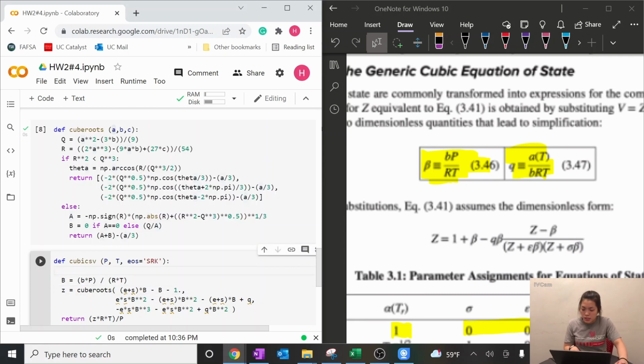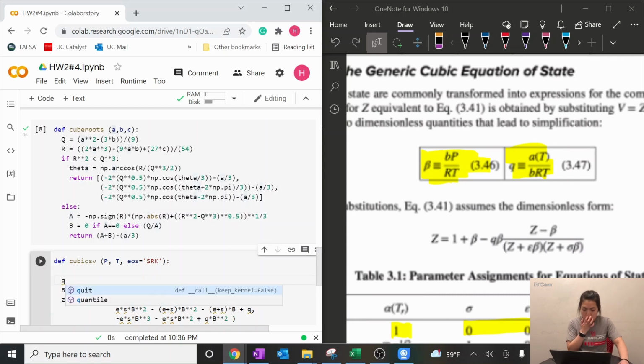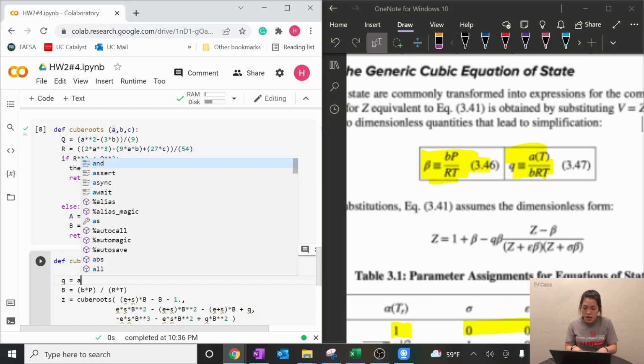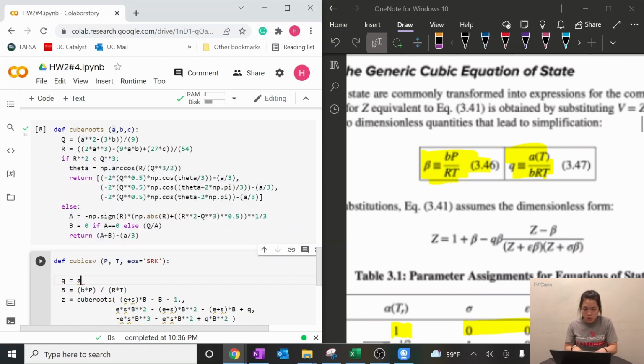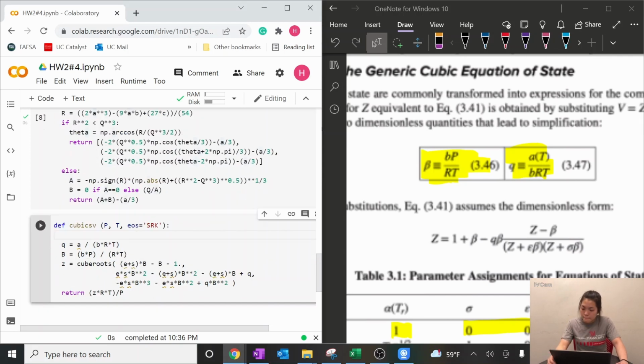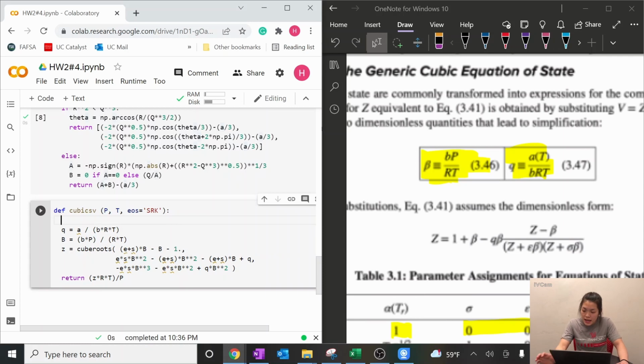Now we are going to move on and define Q. So Q over here we have is the constant A divided by the constant B times the gas constant R times temperature. So we're going to put that in. We're going to do A divided by B times the gas constant R times temperature. So now we have the constants A, B, E, and S, where E is for epsilon and S for sigma, that are undefined.